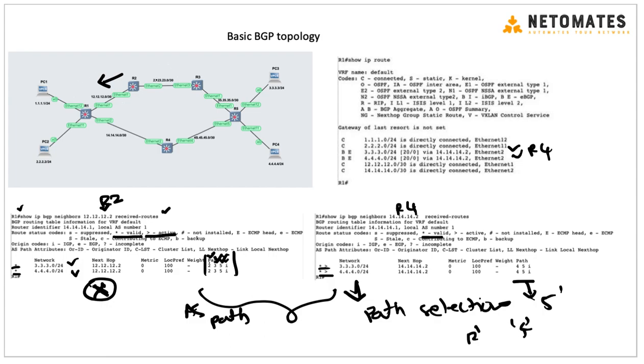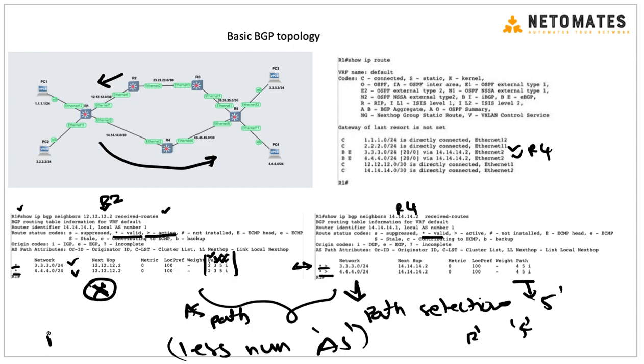Looking at the topology, this is the best path as per the BGP path selection process, because BGP will select the route with fewer ASes. If there is a tie between two routes, it will select the route which has fewer AS hops in between. In this case there is only one AS.